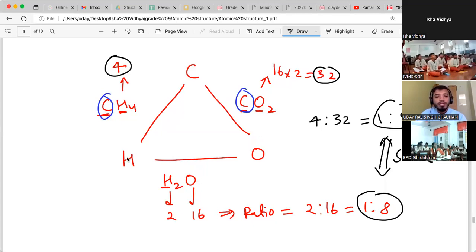You take 2 elements which combine with a third element, so hydrogen and oxygen combine with a third element, and you fix the mass of that third element. See what is the mass of the other element it is combining with. You find the mass, take the ratio, and then combine these 2 elements with themselves and take the ratio. This ratio will be the same or a simple multiple of each other. That is the law of reciprocal proportions.